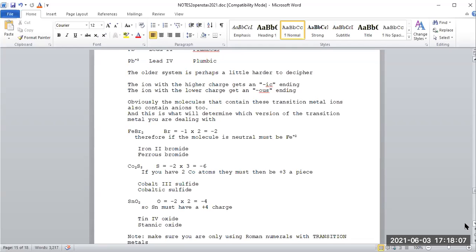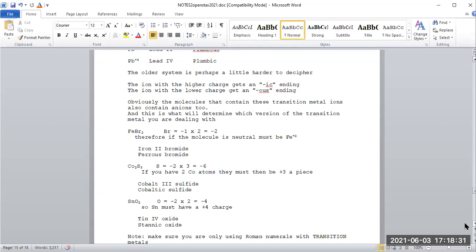In order to make sure that my molecule is neutral, my iron's got to be a +2. Otherwise, it doesn't match out. So if I use the stock system, this is iron 2 bromide. If I use the older system, it is known as ferrous bromide.